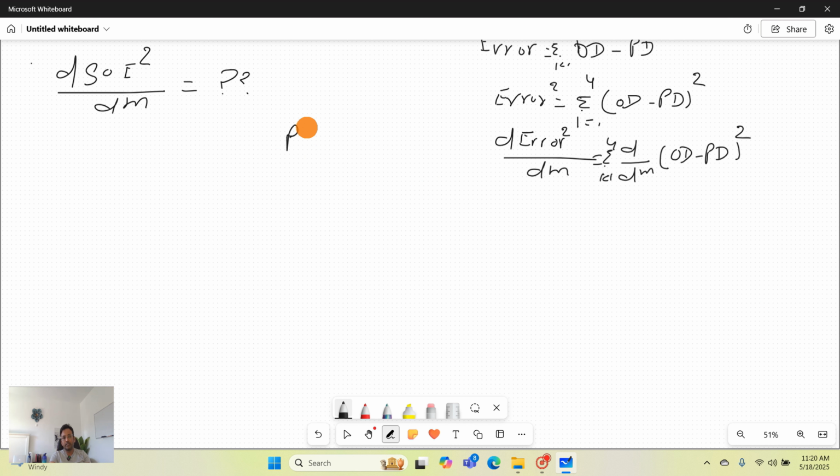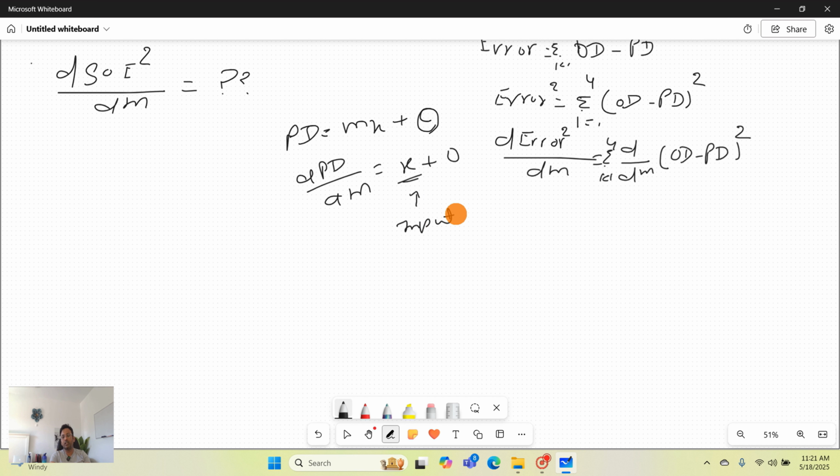Let me write it here. PD is equal to mx plus c. This is my PD. You know that. Now, if I take the derivative of PD with respect to slope, c is constant this time. That value is 0, and the other will be dPD/dm equal to x only, whatever my input is. x is actually the input.